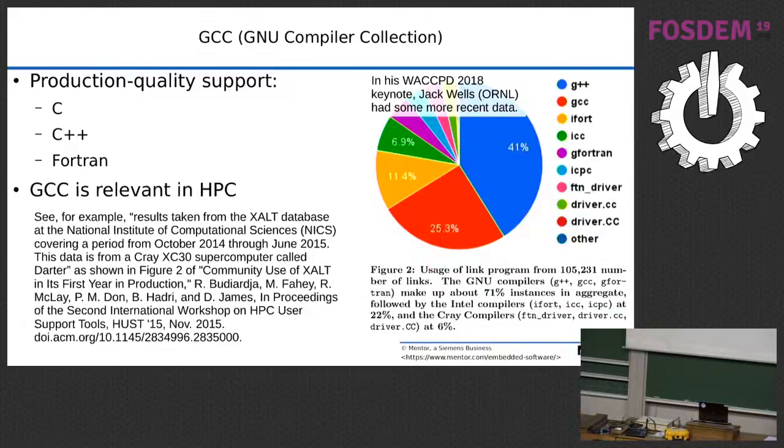And the GNU compilers, G++ for C++, GCC, and GFortran make up more than 70% of all the compiler invocations there. Of course, that's just one data point. In other data centers, there will be other results when other systems are used and so on. But that's just for motivation why we are still talking about GCC, that old dinosaur, which is just not going away.